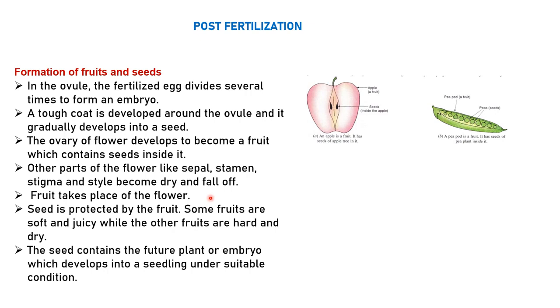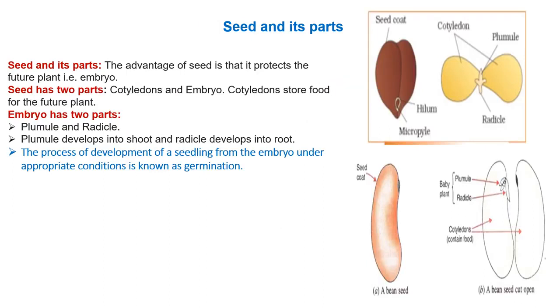These seeds are protected by a fruit, which is a juicy part. These seeds contain a future plant or embryo which develops into a seedling under suitable conditions, right? So let's see what happens to the seeds and the different parts of the seeds.